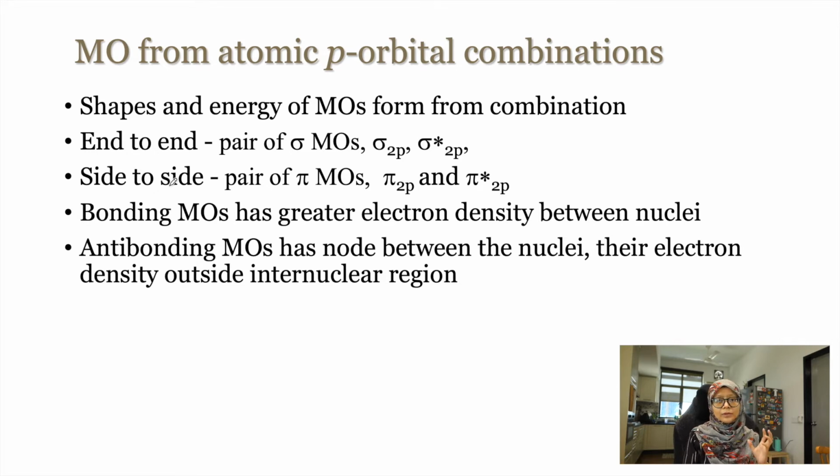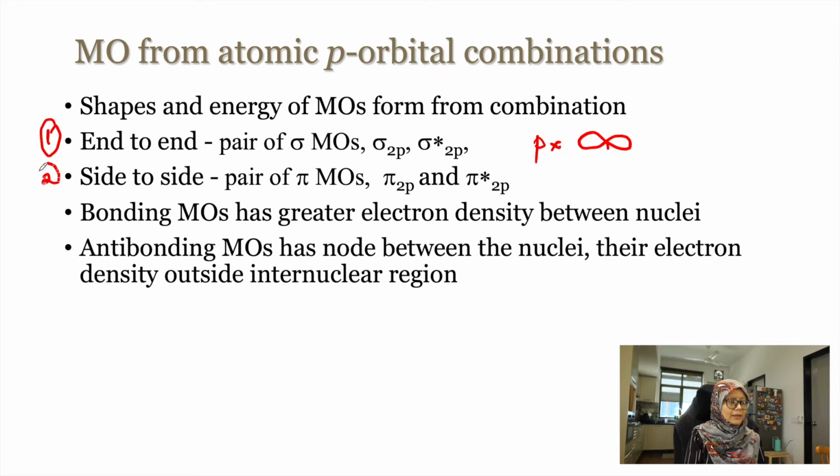Similar to hybridization, the first is end-to-end overlapping, forming a pair of sigma molecular orbitals. This involves the px orbital, and this is the shape of the px, where it will form the sigma 2p and also sigma star 2p.